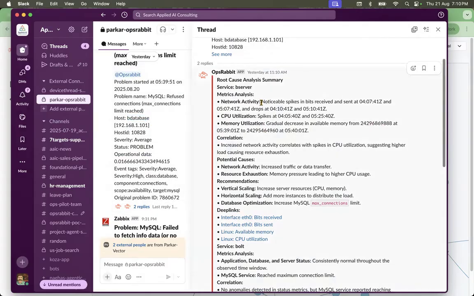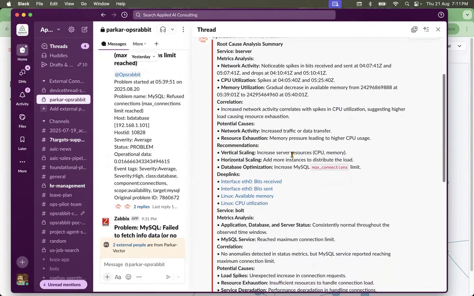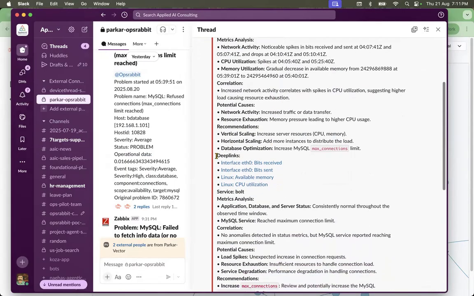The network connect activity, it says there were noticeable spikes over here. Memory gradually decreased in this particular available time from this to this. So the correlation is increased network activity correlates with spikes in CPU. Okay, so here it is looking at the CPU aspect of it, not memory, and it goes through deep links.